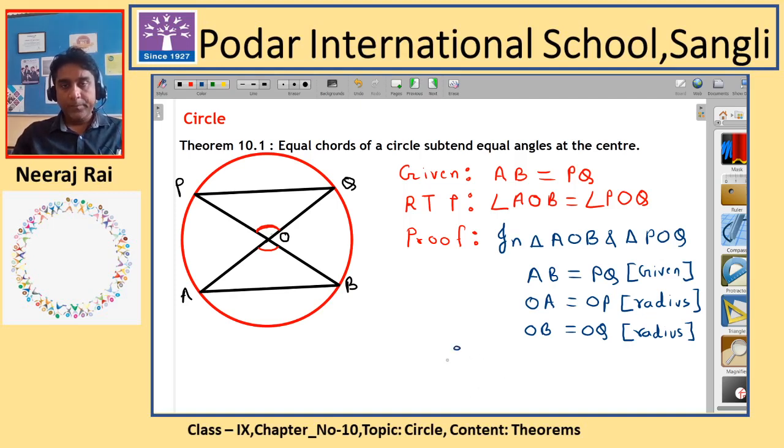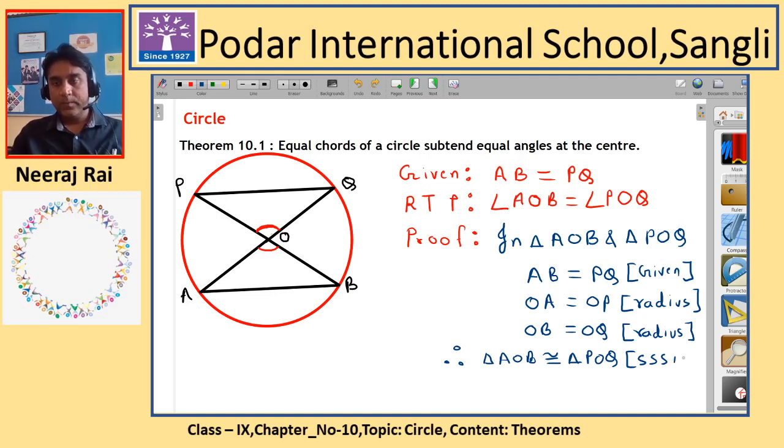Therefore, triangle AOB is congruent to triangle POQ by SSS rule.